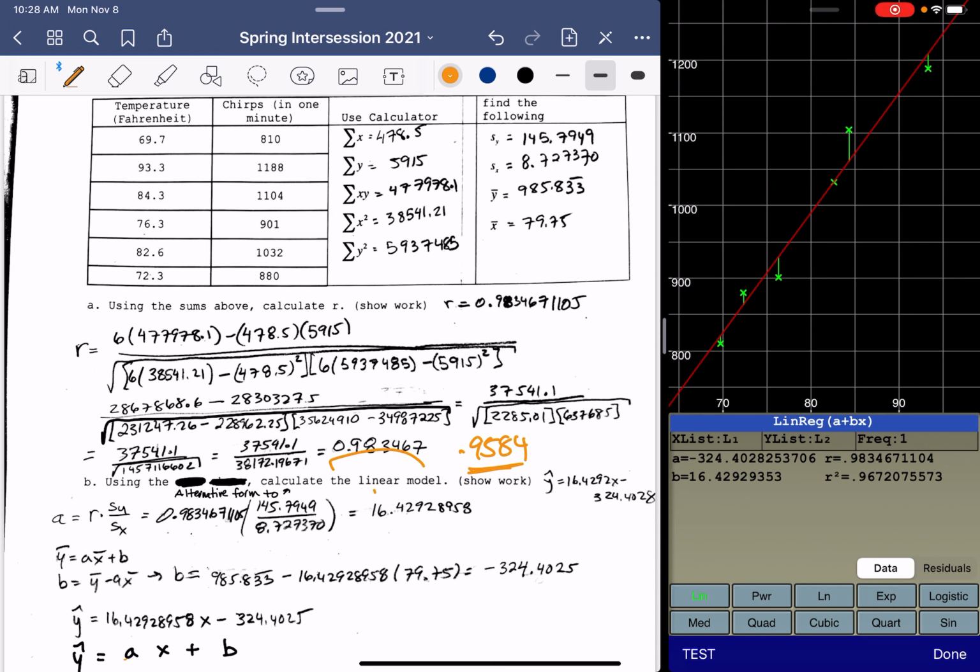If your answer is 0.9763, you're close to 0.98. If your answer is 0.997, something went wrong, but it's sort of acceptable. Of course you have to show your work. The more numbers you put after the decimal place, the better it will come out.